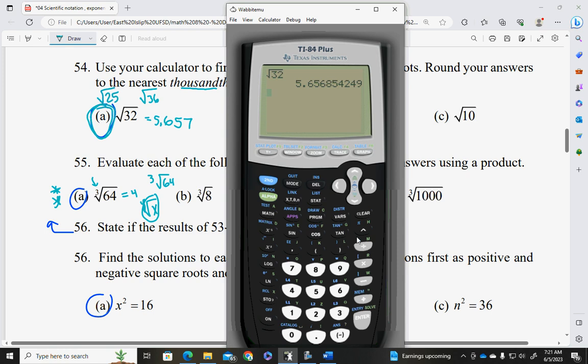So I'm going to type in 3 and then use my number 5 button and then type in the 64. And it does tell me my answer is 4. Help each other find the button for cube root. And when you see me, if for some reason you're having a hard time finding it, I could show you where it is.